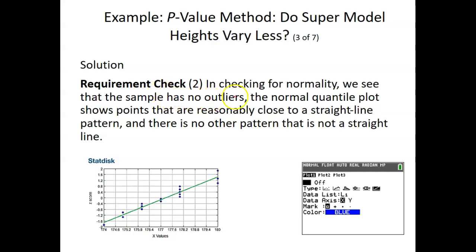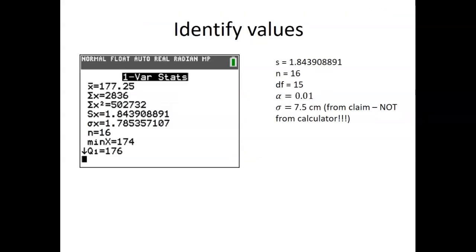We're not told that, but if you do your normal quantile plot, and just as a reminder, that's the 6th graph on your stat plot menu, it doesn't line up perfectly, but basically it is close enough that we can go ahead with this. So identifying our values, we need the s. So the s is here.